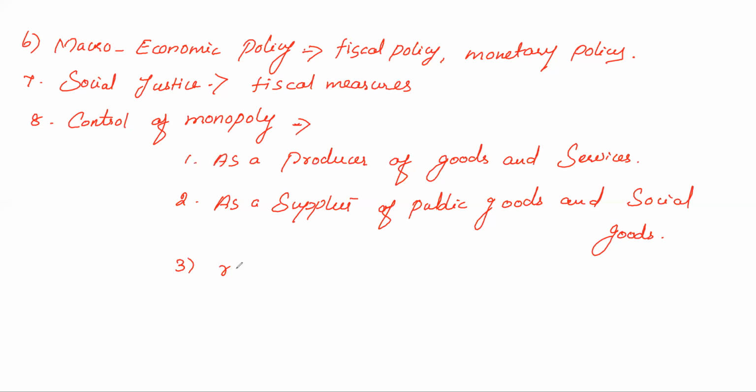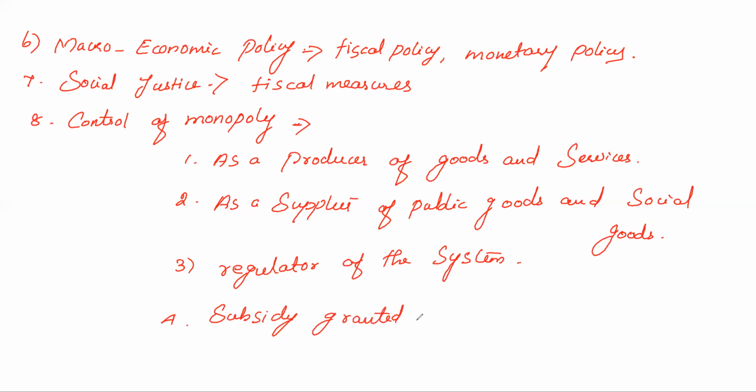Third one is a regulator of the system. Okay. Then fourth one, public expenditure conferring a special benefit to some individuals. Example, subsidy granted to a particular industry.